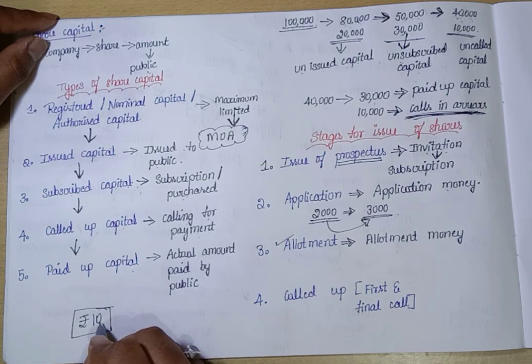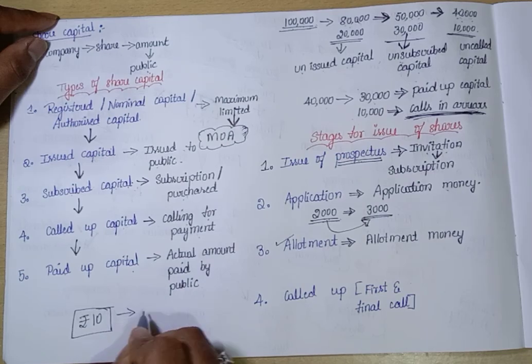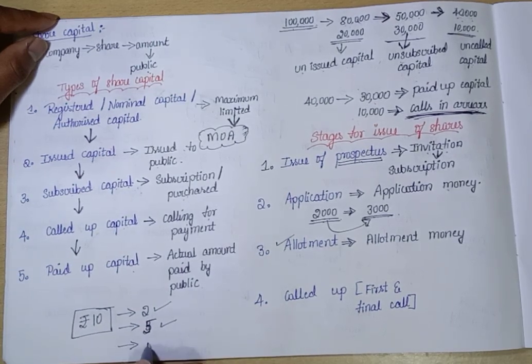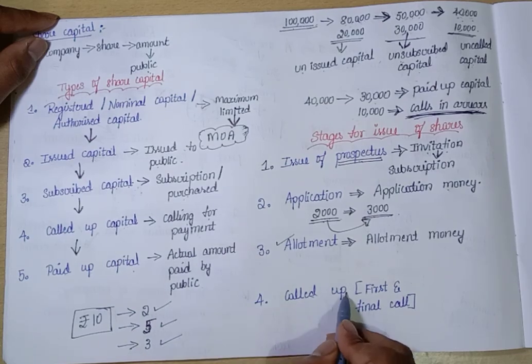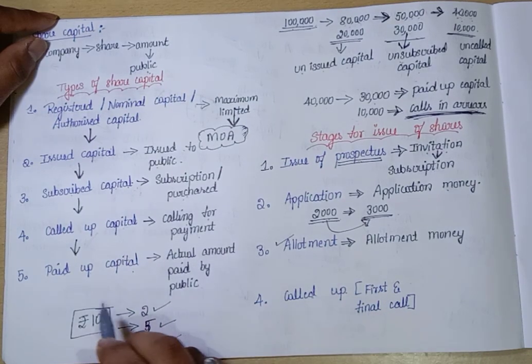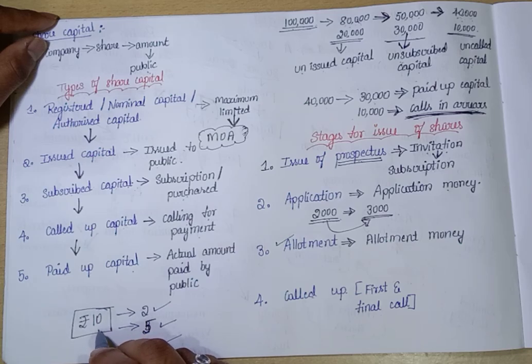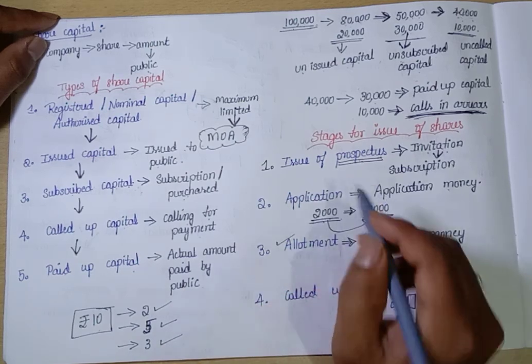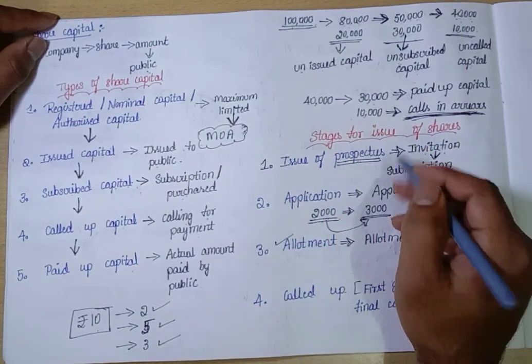For example, we receive 2 rupees at the time of application, 5 rupees at the time of allotment, and the remaining 3 rupees at the time of call money, the first and final call. So though the share value is 10 rupees, we will not collect it in a single shot. We receive it in different stages, called the stages for issue of shares.